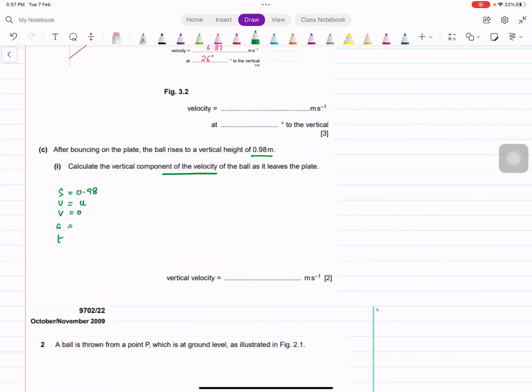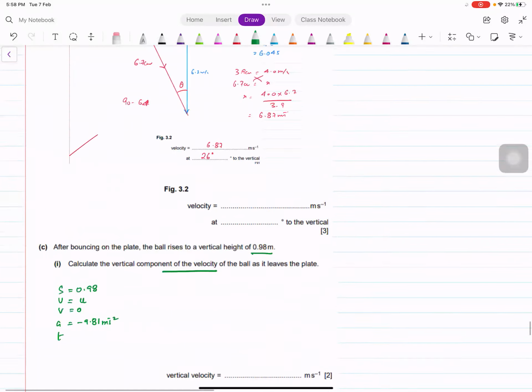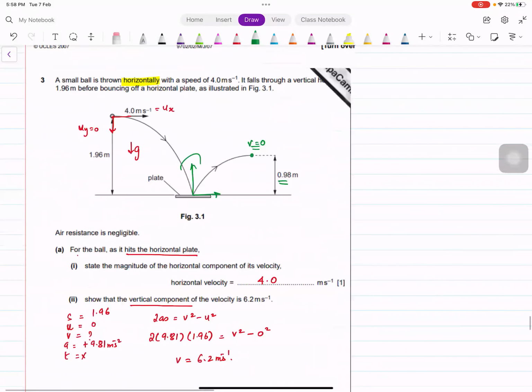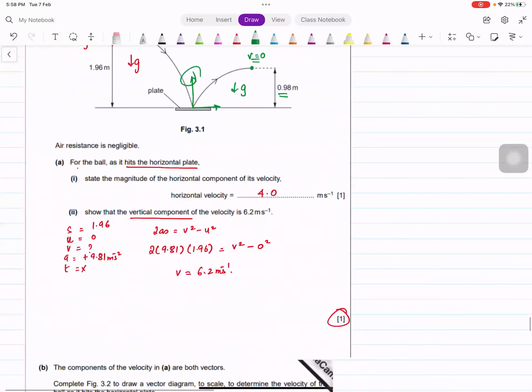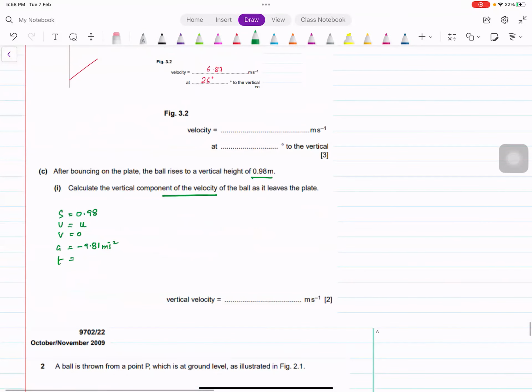Okay, I'm going to take it negative. The reason I want to take it negative is because now I'm going up and the acceleration is still down. And the time is not given at all. So just use v squared equals u squared plus 2as, like this. So 2 times minus 9.81. Displacement is 0.98. Final velocity is 0 squared minus initial velocity squared, that's what we are looking for.